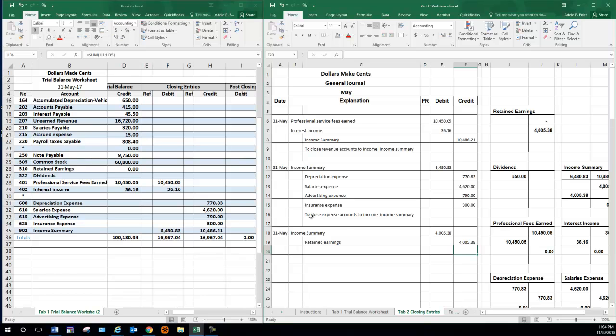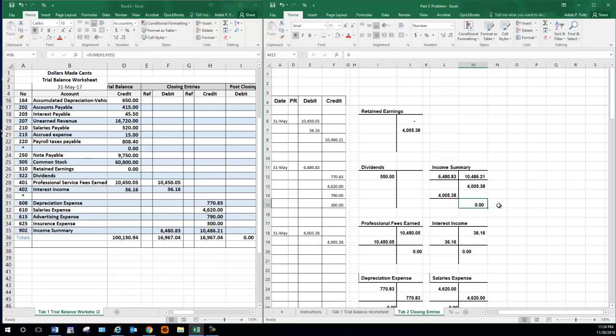And the description here is going to be to close income summary to retained earnings. So now we have closed income summary to retained earnings, and income summary now also has a zero balance.